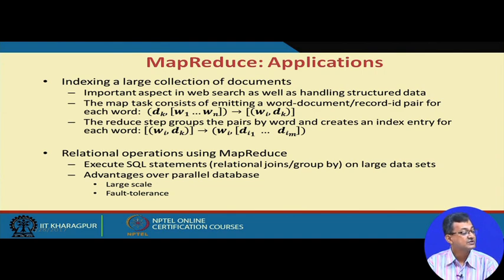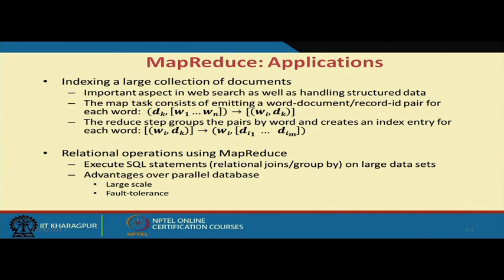The map task consists of emitting a word, document record ID pair for each word, as we have seen. The reduce step groups the pairs of words and creates an entry for each.